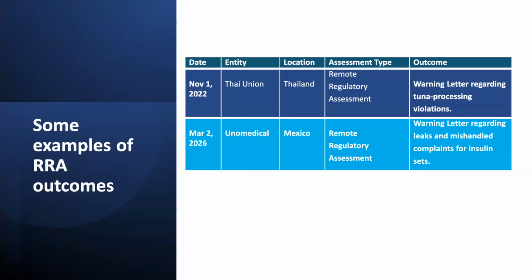No, what we're trying to show you are the consequences that could happen from a remote regulatory assessment. Another company, in Mexico, received a warning letter regarding leaks and mishandled complaints. So the FDA is looking at these things, and they're actually issuing warning letters to companies. Next slide.